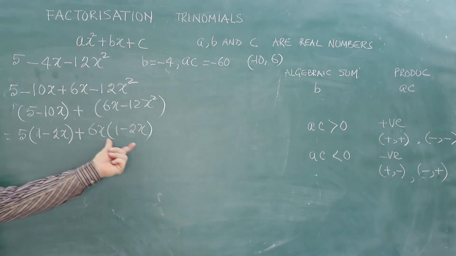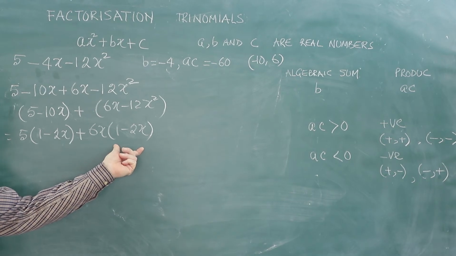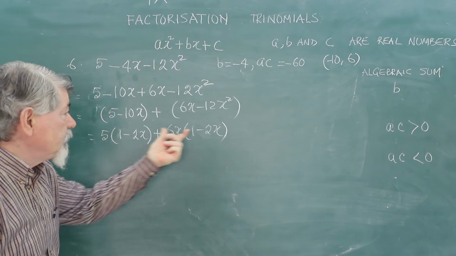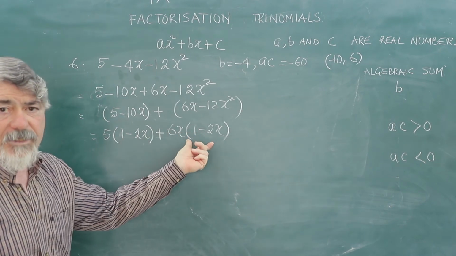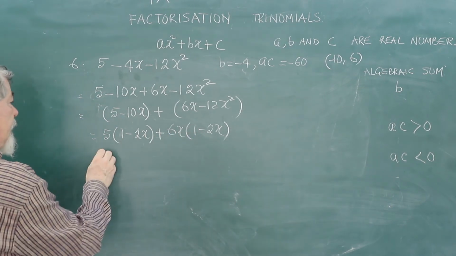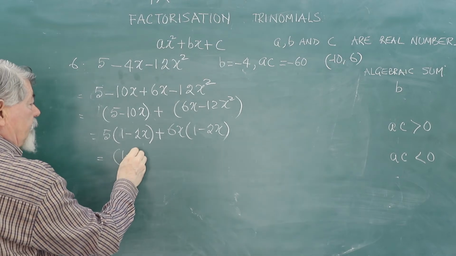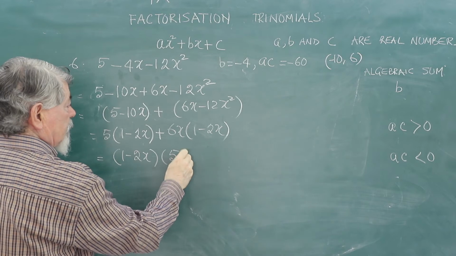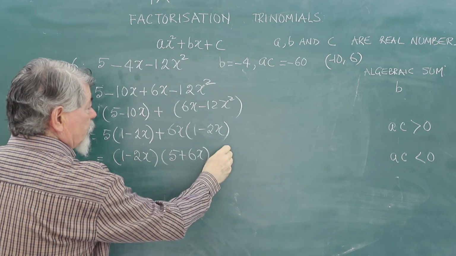If you are solving it correctly, then these two brackets should always be the same. That is 1 minus 2x into 5 plus 6x. That is your answer.